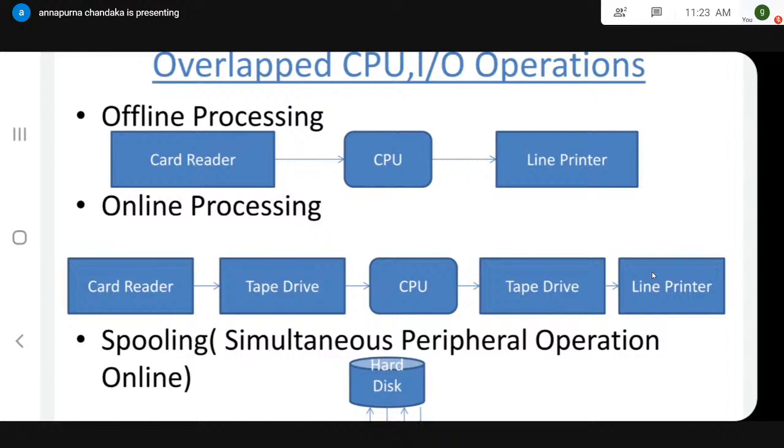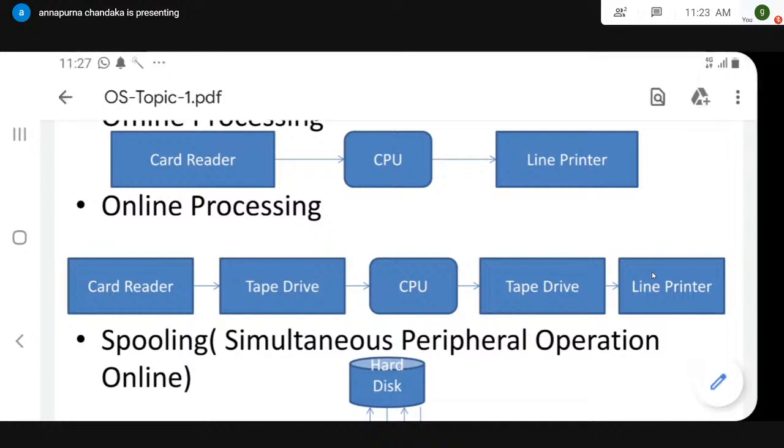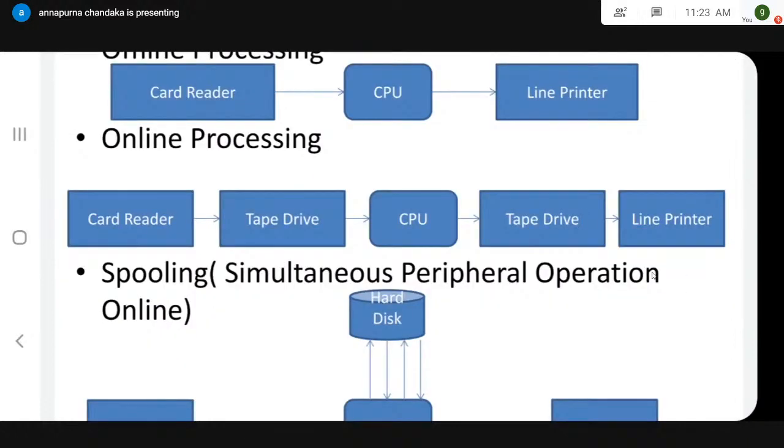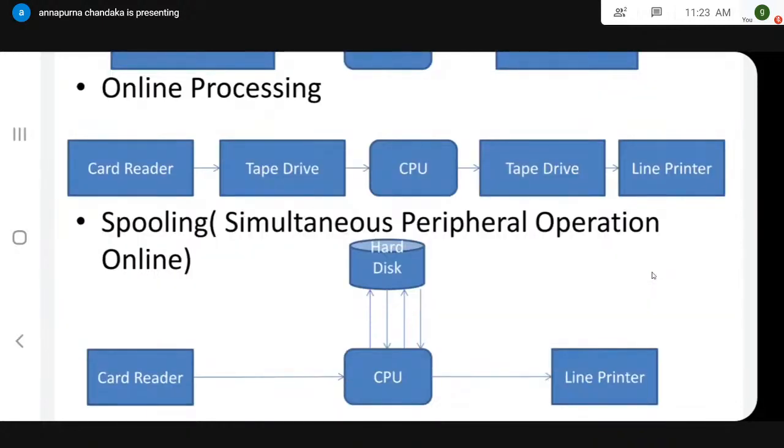Offline means the CPU speed depends on the card reader. Online means the CPU speed depends on tape. And the CPU speed depends on hard disk. It was a match the following question. It was small, in earlier days. You are not going to get such easy questions right now, because everyone knows these concepts.